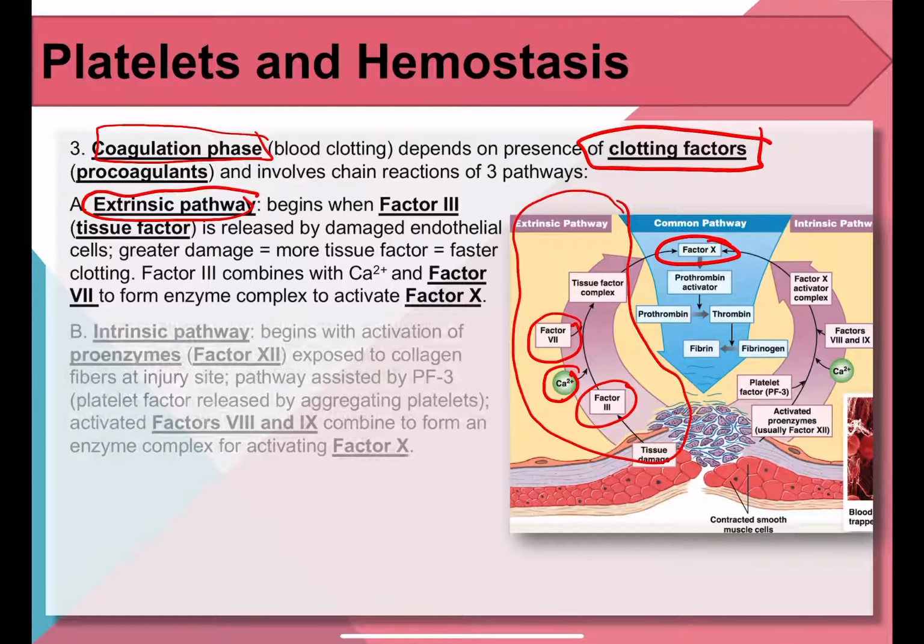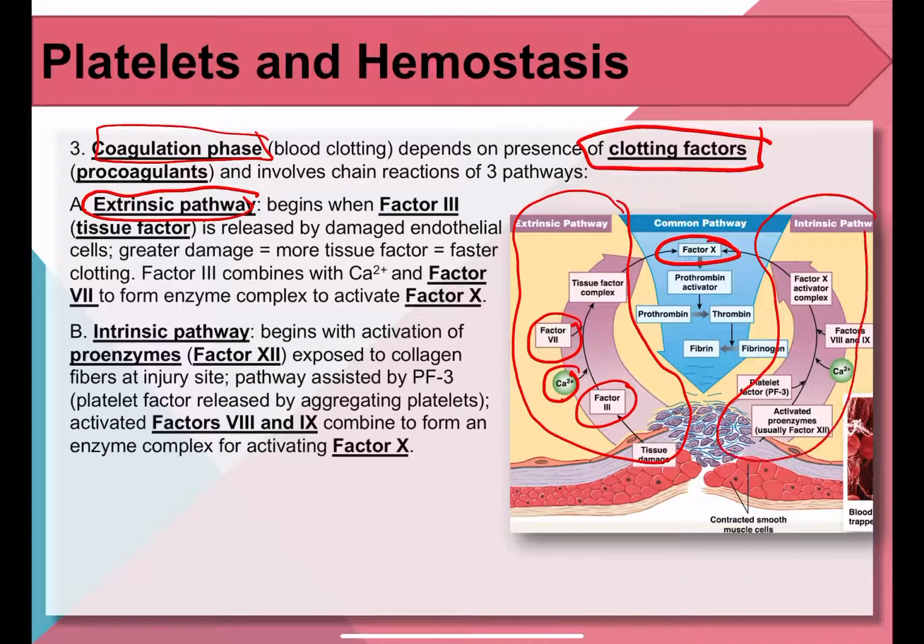And then the intrinsic pathway here will reinforce that process, but they will start with a different factor. They will start with factor 12 right here, which will then bind with calcium, and factor 8 and 9 as well, to form the enzyme complex that will ultimately activate factor 10 as well.